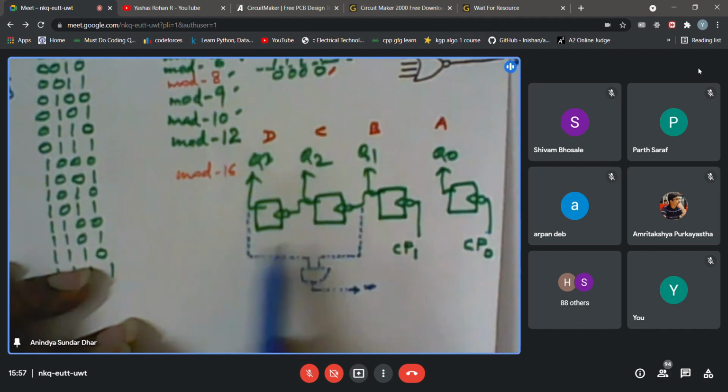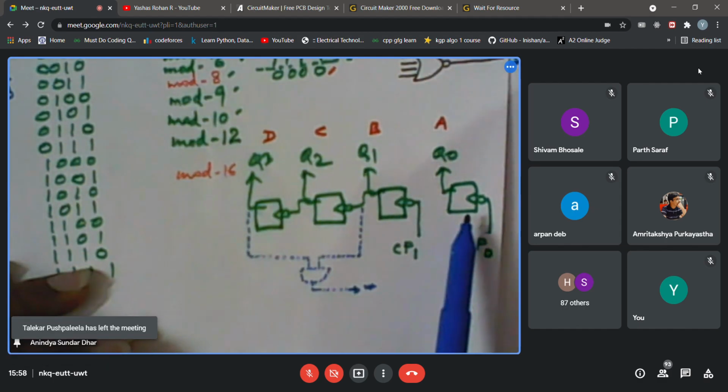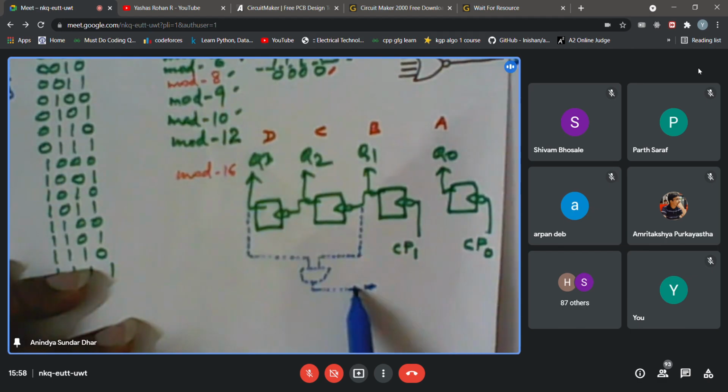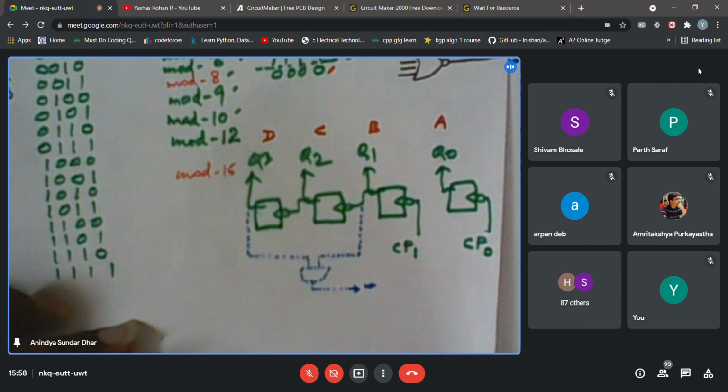Then you have connected Q1 and Q3 to maybe an internal AND gate, and then you are activating this resetting. So what flip-flops do you think you need to reset? Do you need to reset all the flip-flops, or somehow they are already taken care of, so that you need not connect this to the reset pin of all of them? What do you feel to make it a mod 10?